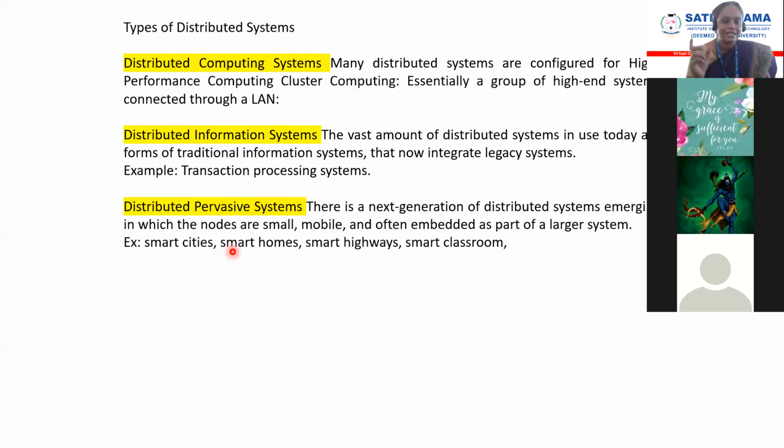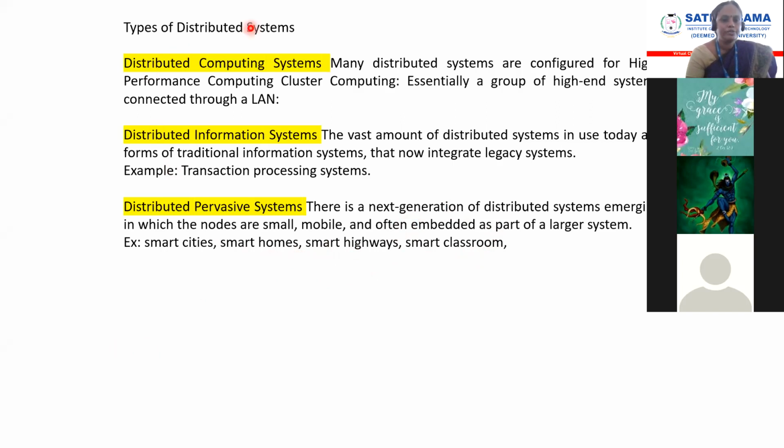Depending upon your voice recognition, the device will switch on. So all the smart homes, smart highways. And you have seen that when we go through the toll, it has a communication protocol, and at which road you are crossing, everything is identified. And smart classroom is another.